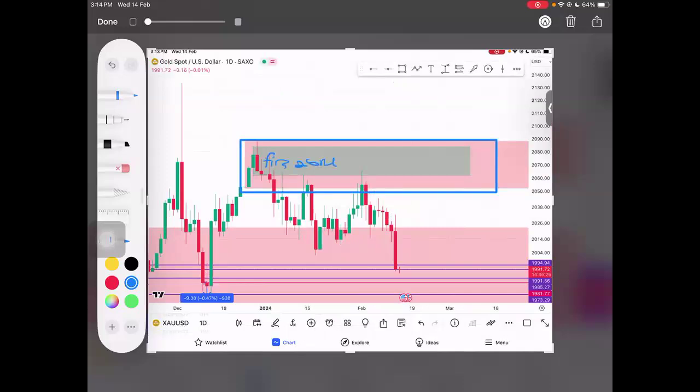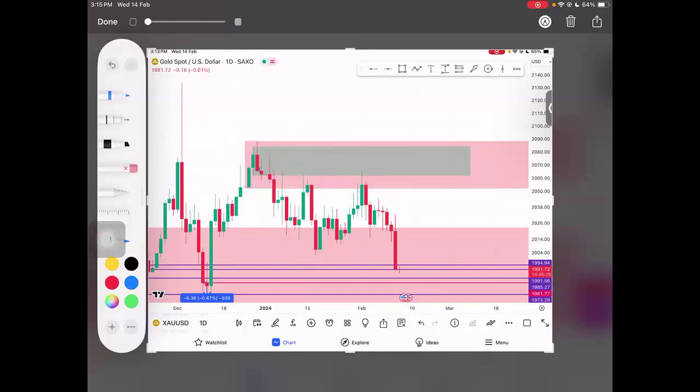When the price comes here and only touches the zone, it will be the same, like I explained to you, EG to EG. No, I'm referring to refining. You won't use that zone to refine? No.